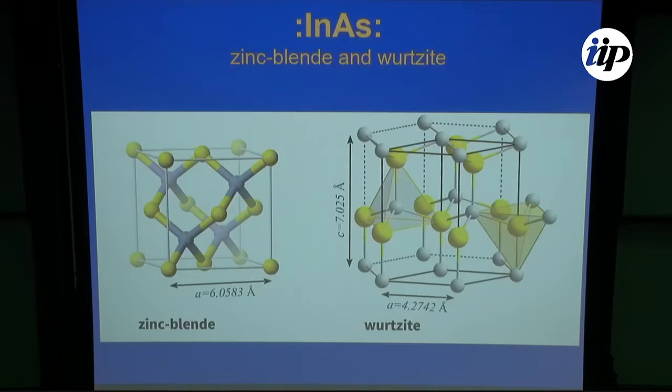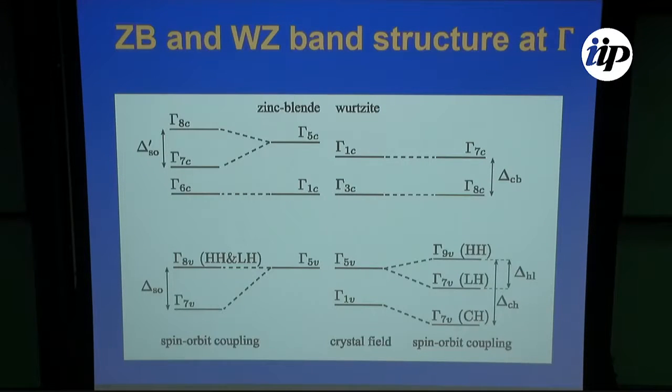They look sort of similar, but the band structure of wurtzite and zinc-blende are different. So the zinc-blende band structure has the usual conduction band in the double group representation gamma 6C. This is where you have this Rashba Dresselhaus effects.